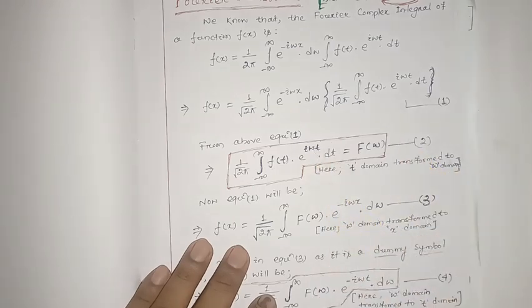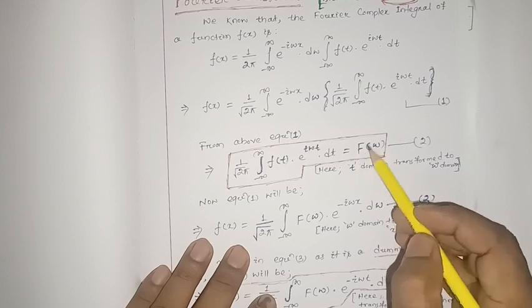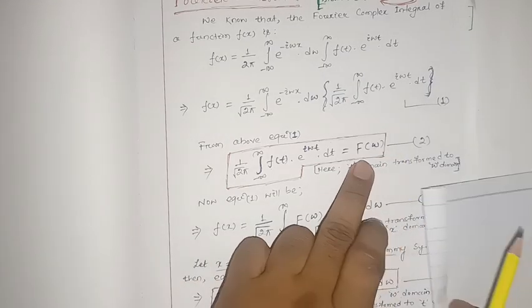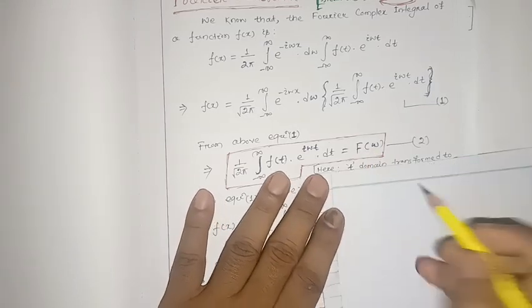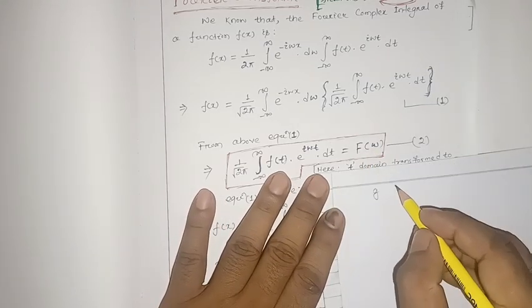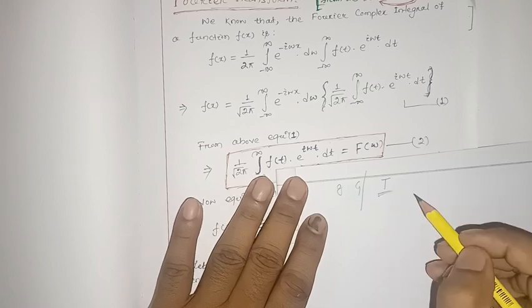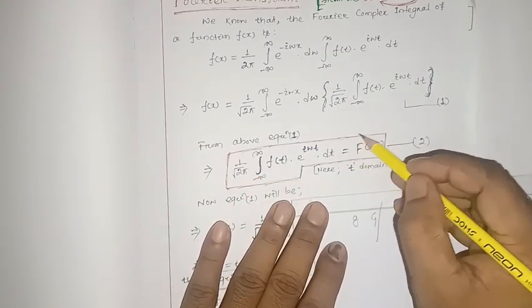So finally we get another function, let that be capital F, which will be a function of omega. There is no bound to write capital F of omega. Some books write G, some write capital G. You can write capital T itself, no problem. But in most books it is written as capital F.